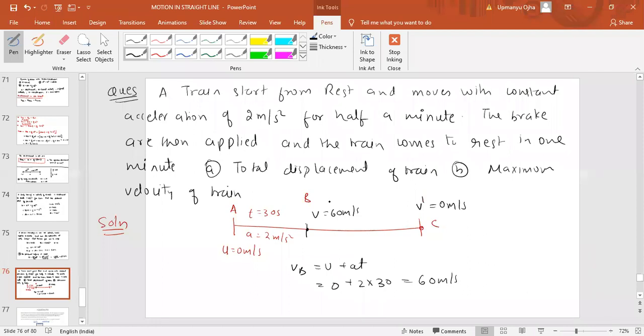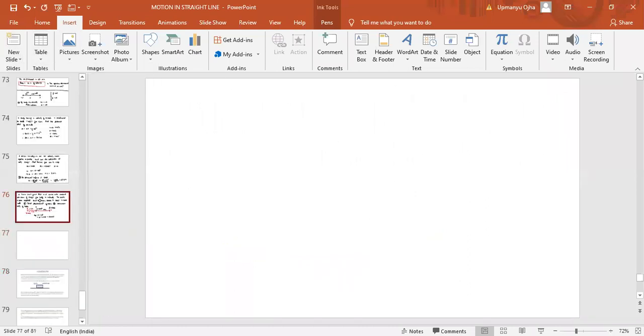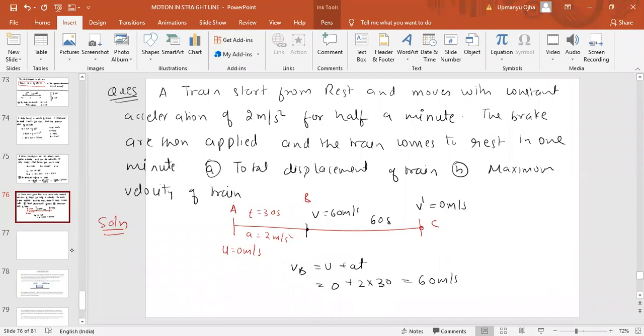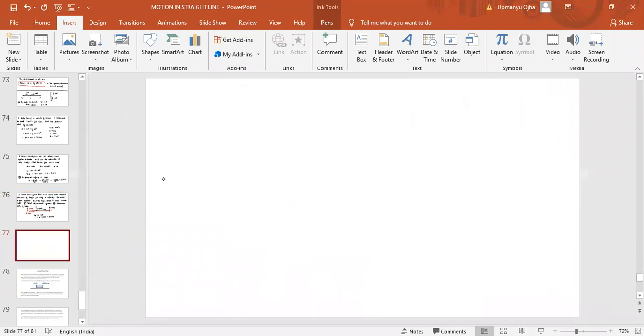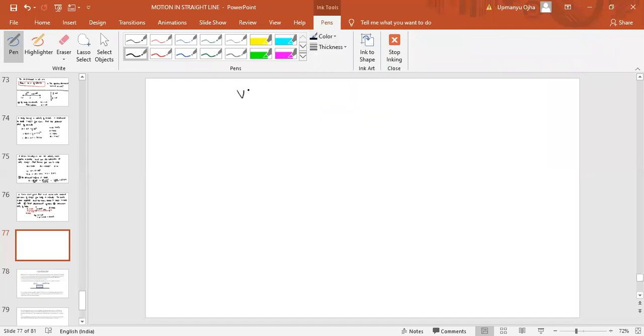Now, what is the time taken to come to rest? That is equal to how much? 1 minute. 1 minute means 60 seconds. Okay, fine. Time taken we know. Can we find the deceleration of the train from B to C? How can we find? See, final velocity v' equals v plus a' into t.